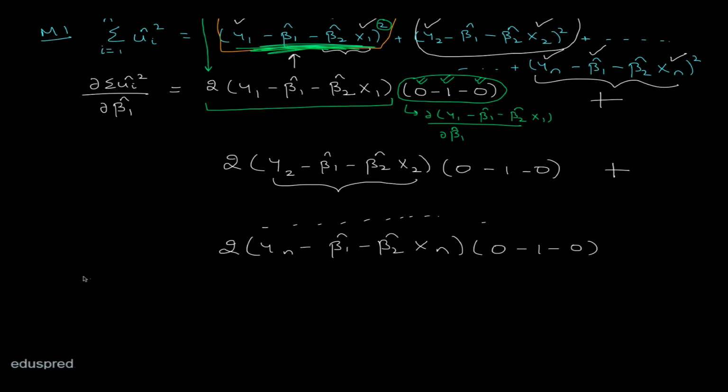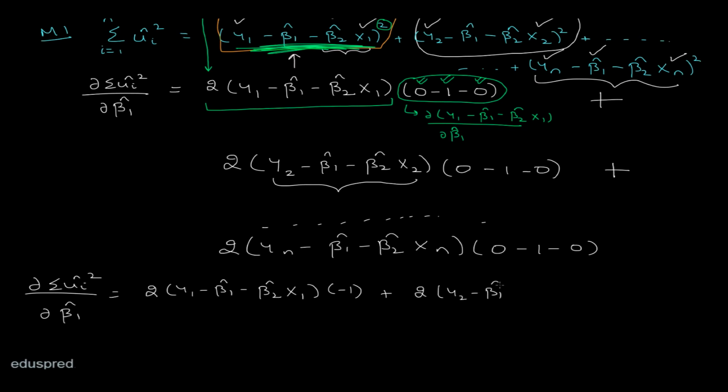So let me try to write this in a neater manner now. When we partially differentiated summation of ui hat square with respect to beta 1 hat, we got that this is equal to 2 y1 minus beta 1 hat minus beta 2 hat x1, multiplied with 0 minus 1 minus 0, which is nothing but minus 1. When we differentiated the second term, we got 2 y2 minus beta 1 hat minus beta 2 hat x2 multiplied by minus 1.